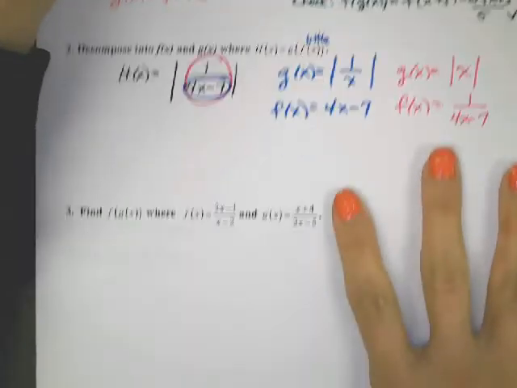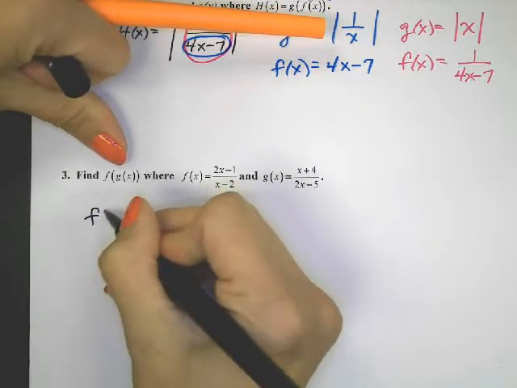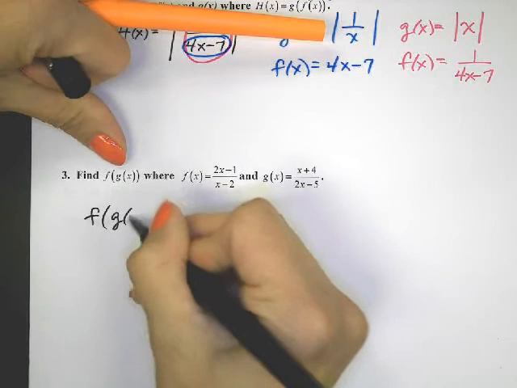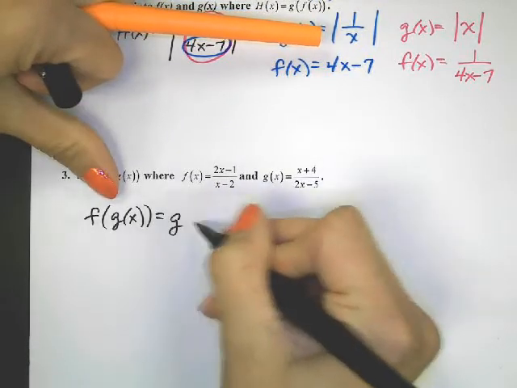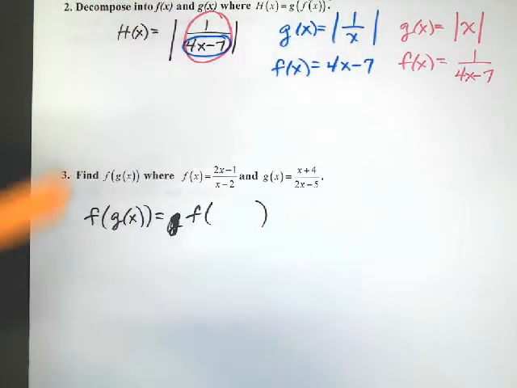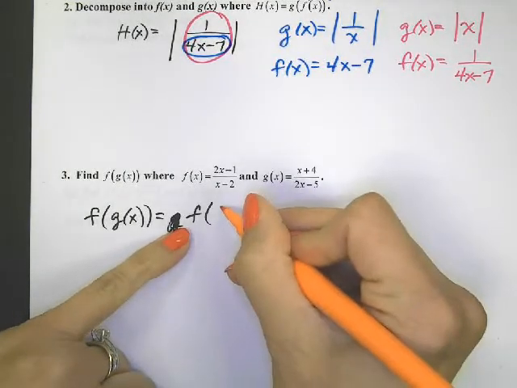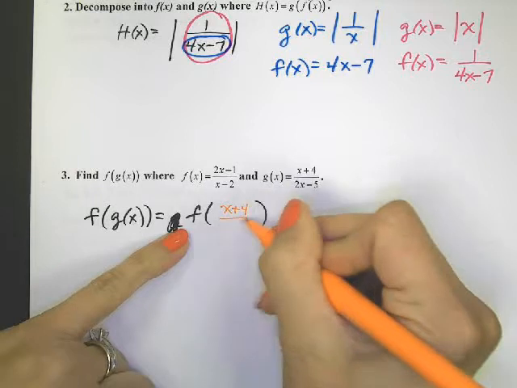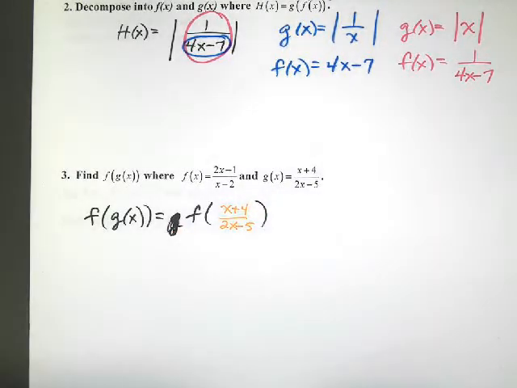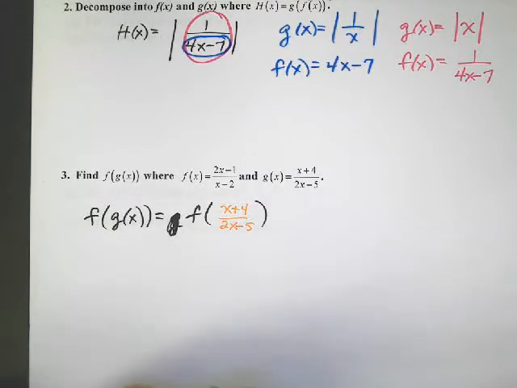Here's a little review of something we've done before, but students usually need a little bit more help with it, so let me help you one more time. They want us to compose f of g of x. So the first thing I'm going to do is write f of, and I'm going to put the g of x function into the f function. G is x plus 4 over 2x minus 5. Okay, that entire quantity has to go into f.